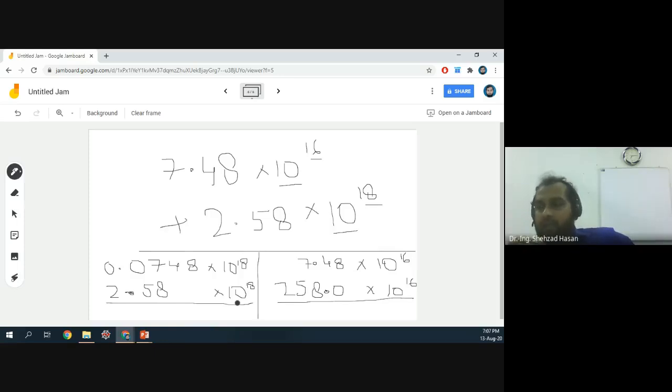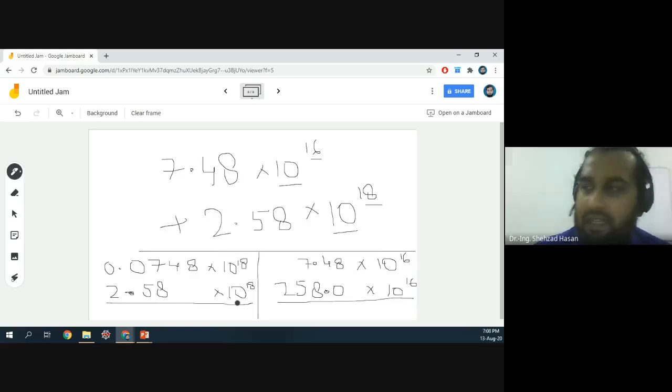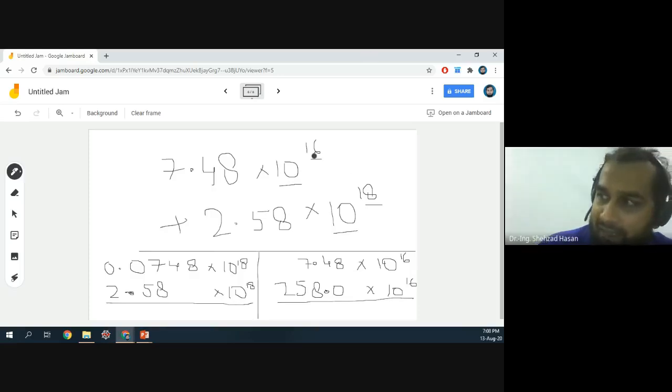But the question is what should be done, because the two numbers that I have selected have a small difference, 16 and 18, right? So had this been 6 and this been 18, the difference between these two would be larger. The difference between the two exponents is just 2, so you have either to shift the first number or the second number.